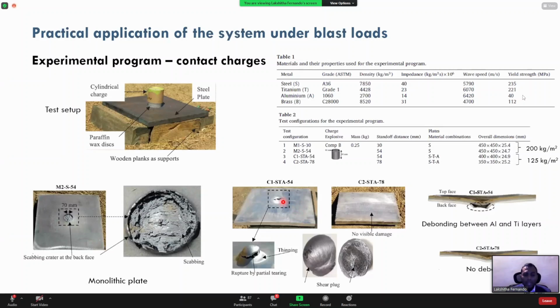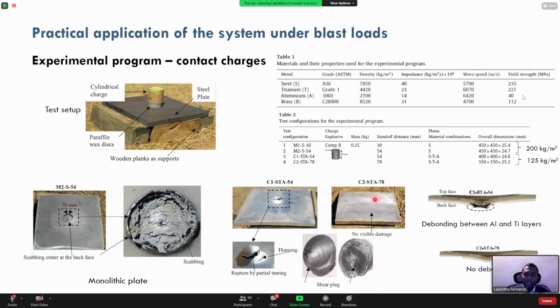We saw a small rupture by sort of shearing, but that was because the aluminium that we used as the back material was slightly weak. So if we actually use a stronger grade of aluminium, we would have been able to prevent the damages, as you can see in the second figure. So if you compare this with what you see here, this new material system has been able to withstand the blast load.